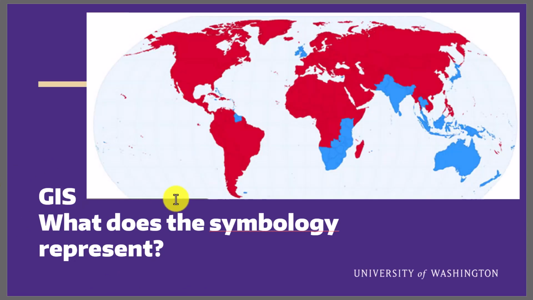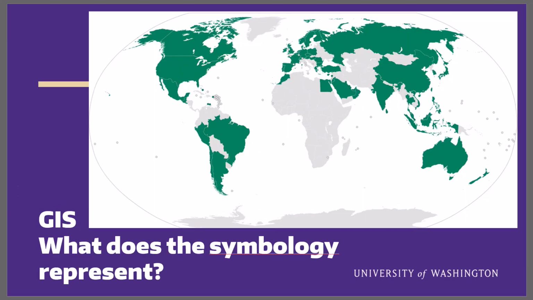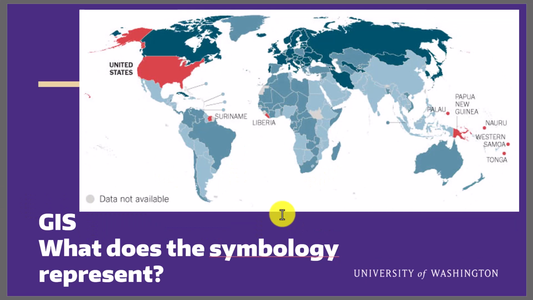In this case, what does the red and the blue represent? Feel free to pause and then move on when you're ready. What does this green represent? What do these colors represent? So red usually is bad, I'll give you that.